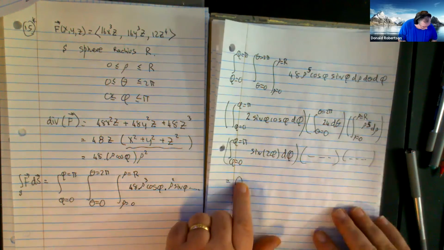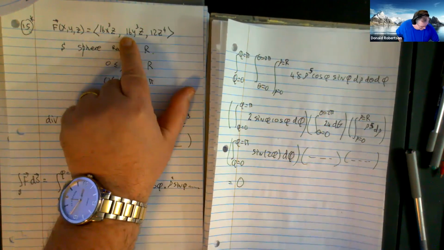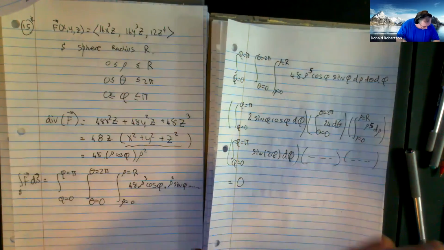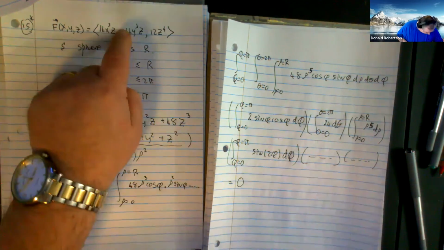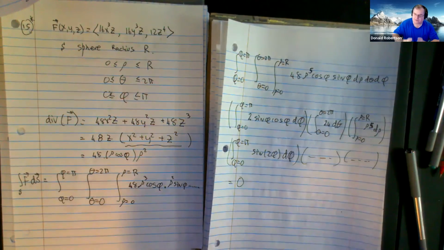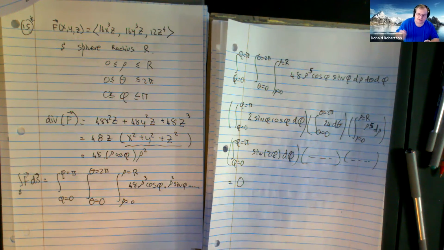So the flux of this vector field. If you imagine a sphere floating inside that vector field, then all the things hitting the surface going in is exactly balanced by the same amount of things going out. That would be a perfectly balanced system.